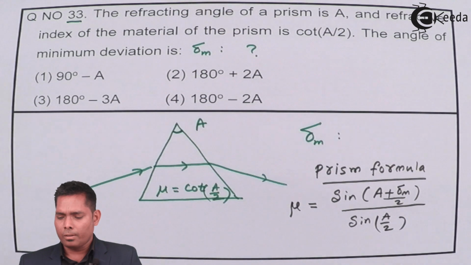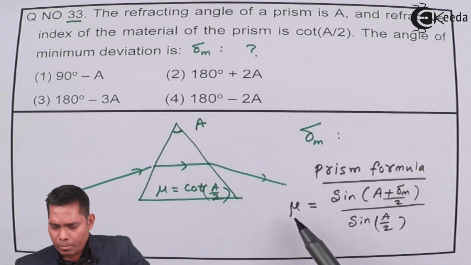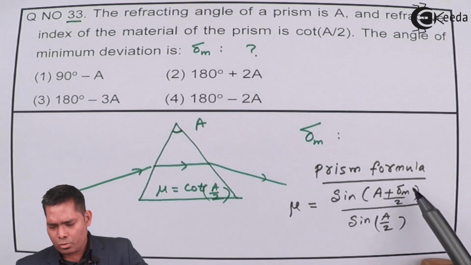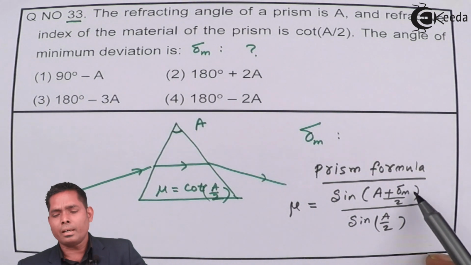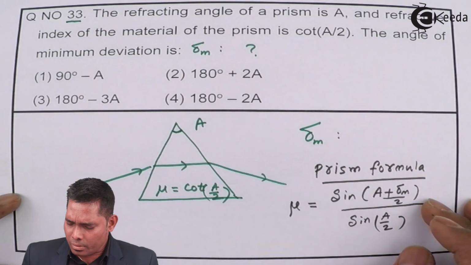This is the prism formula. Mu is given, A is given as A. So if you solve this, you will get the value of delta m. Let us use this formula.